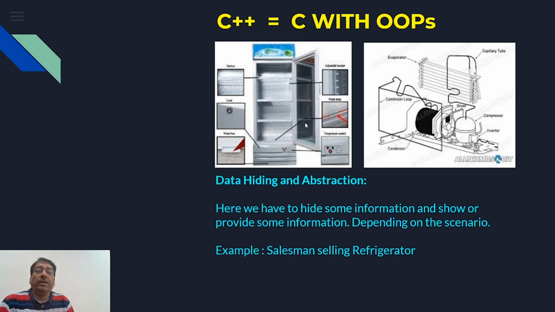You can write intelligent programs using this concept called data hiding and abstraction. Suppose you have designed a program for the computer science and mechanical departments.